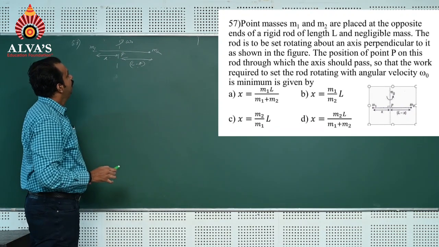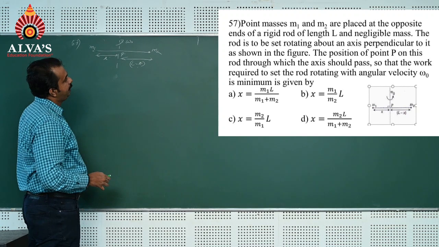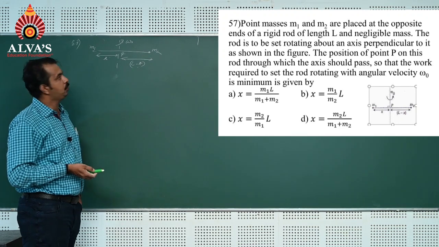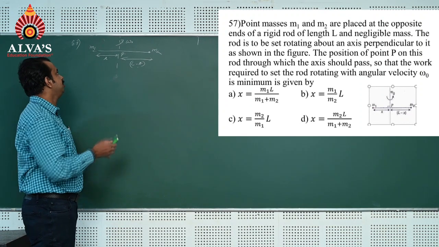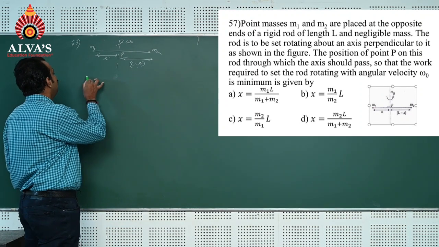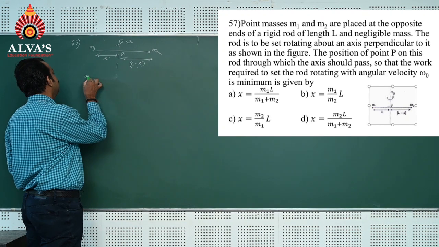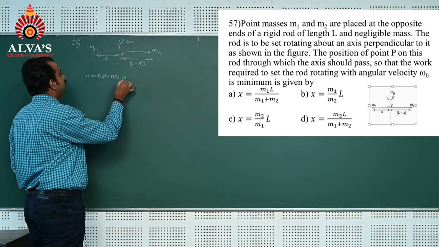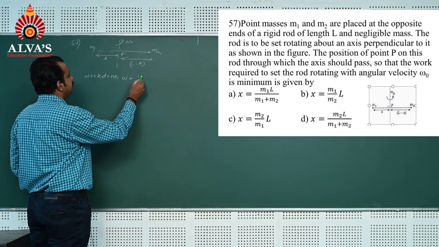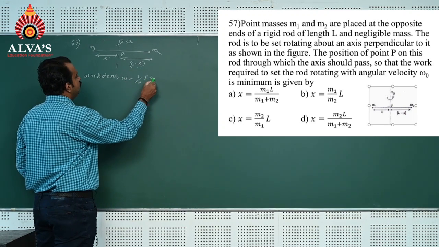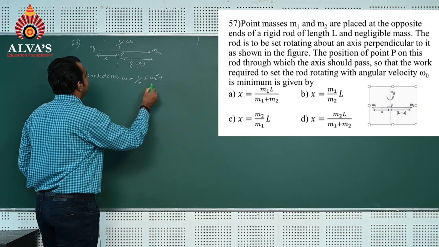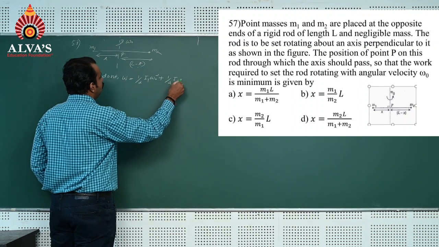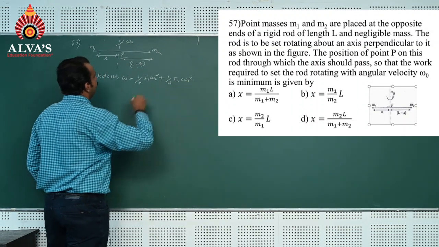The total work done to give angular velocity omega naught to the system is the total kinetic energy.